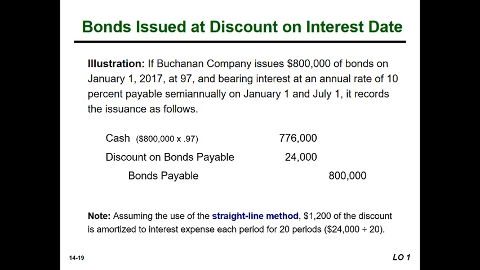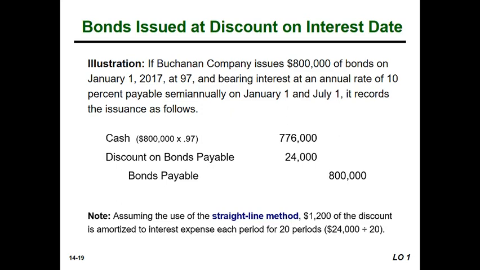We'll be using the straight line method. Remember, you can only use straight line in certain circumstances, and basically it comes down to whether or not the difference between straight line and effective is material. If it's not material, you can use the straight line method. Otherwise, you have to use the effective interest rate method, and we'll go over that in a separate lecture.